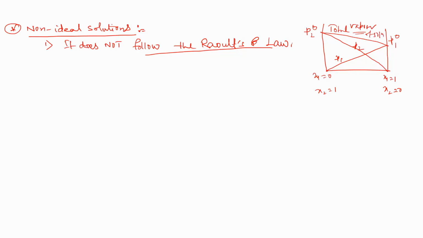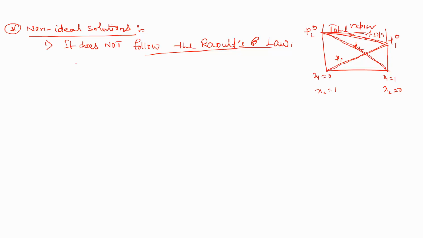So this line is for the vapor pressure of the solution, this is for the solute 1, and this is for the solvent, suppose. So this is for when a solution obeys Raoult's law.